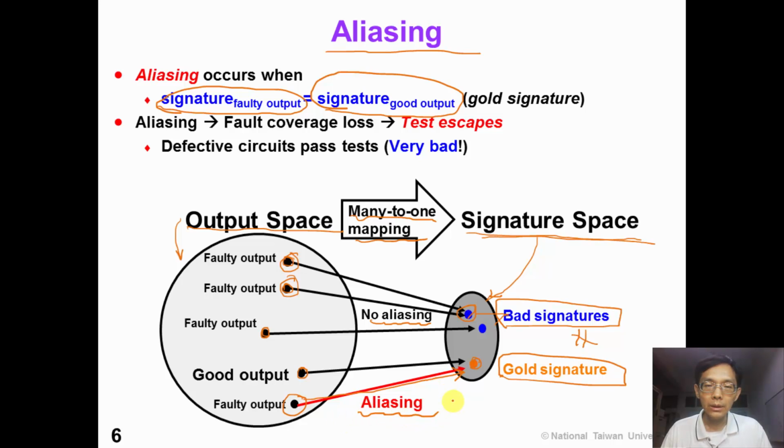This is aliasing because we don't know whether this CUT is good or faulty. Aliasing causes fault coverage loss and test escapes. That means a defective circuit can pass the test. This is a very bad thing for built-in self-test.